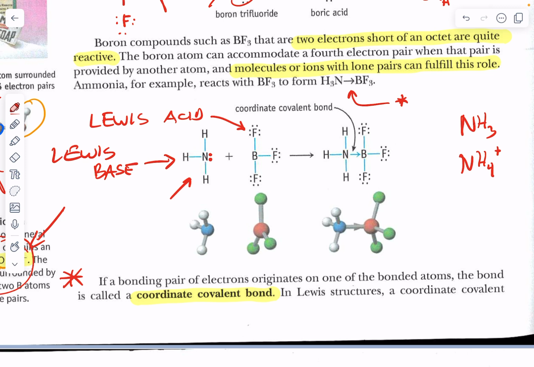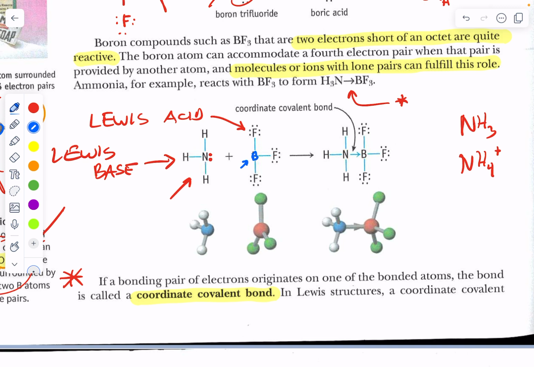That's what a lone pair is. Now, to the right of it, we've got a boron structure with 3 fluorines. And you'll notice that in this region, there are no electrons. And we're drawing it the way that it would not exist naturally in 3-dimensional space in order to accentuate the fact that there's this pair of electrons that is missing because it doesn't have an octet.